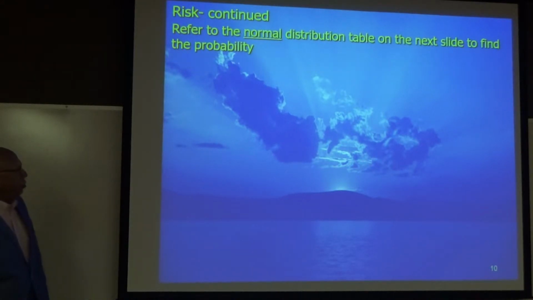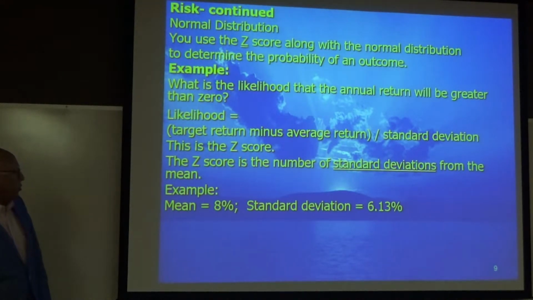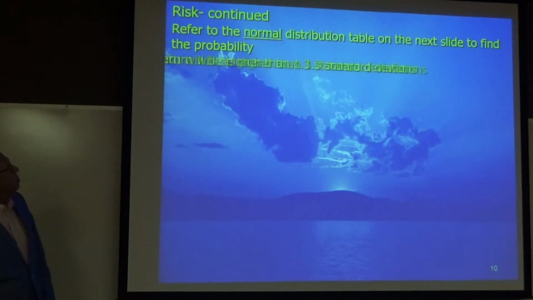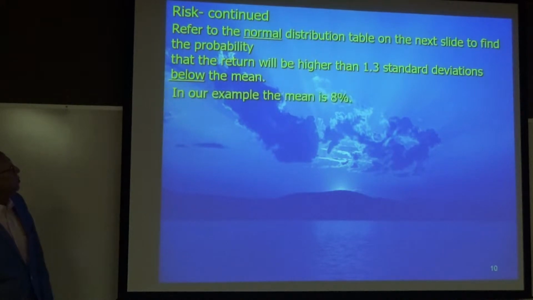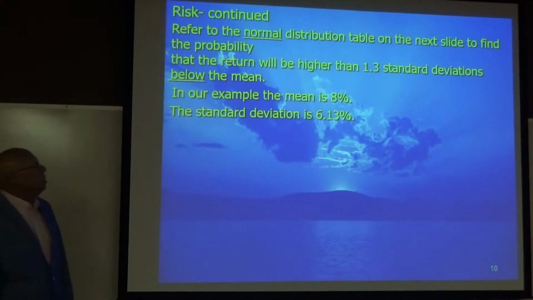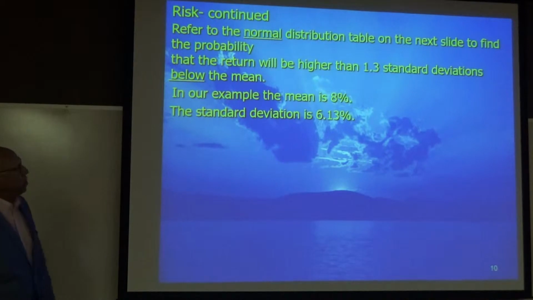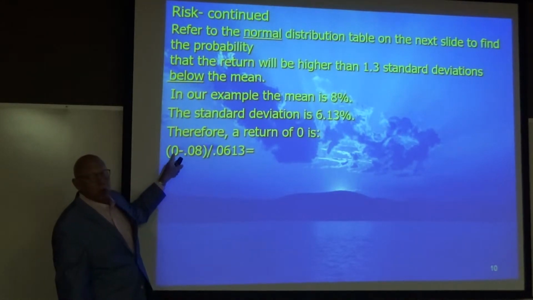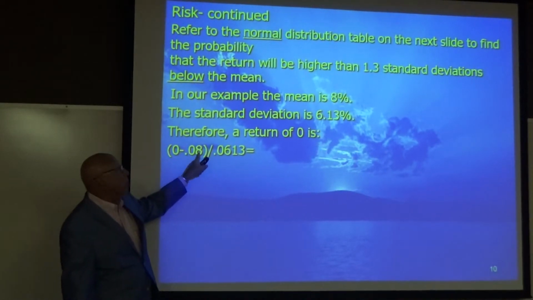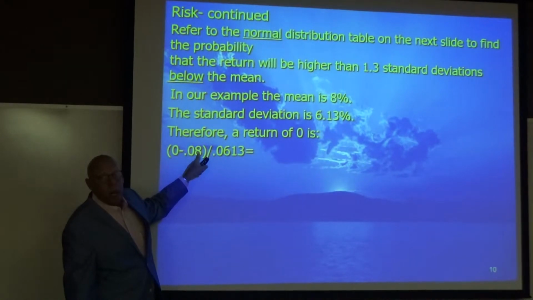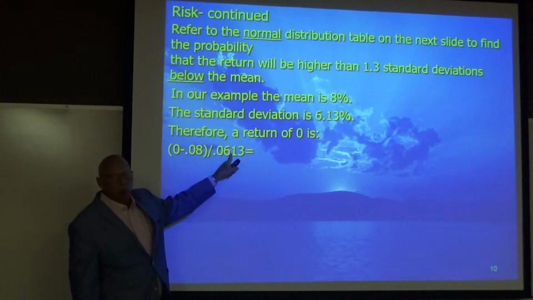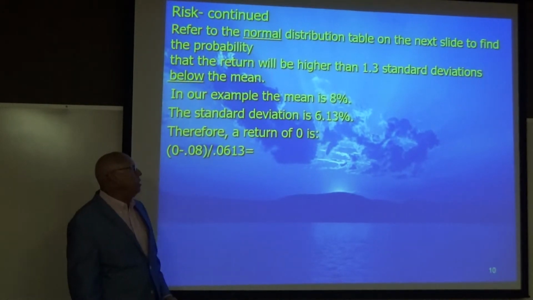So if the mean is 8% and the standard deviation is 6%, then a return of 0, our target rate of return, minus our mean rate of return, then divide that by our standard deviation.